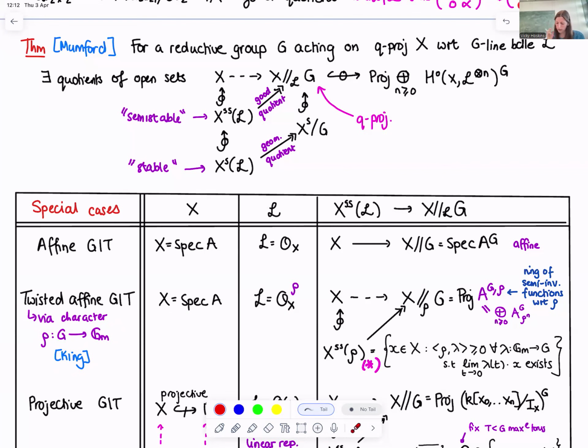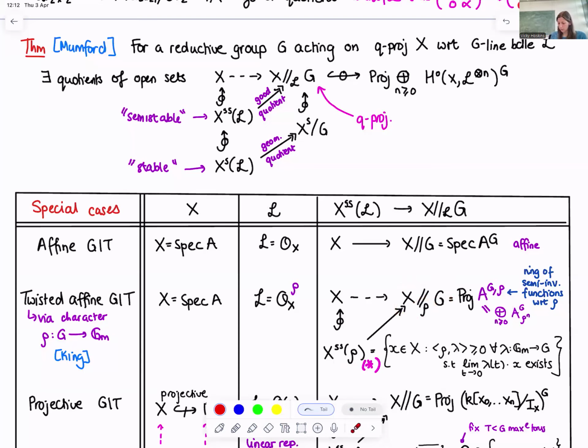a quotient of only an open semi-stable set. And obviously this is going to depend on the choice of character, and how it varies as you move the character is a very fun thing to try and understand, because there are very nice birational transformations as you do this. And you get a quotient which also depends on this choice of character. So I write it here. And what is it?